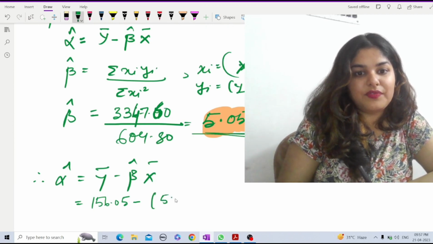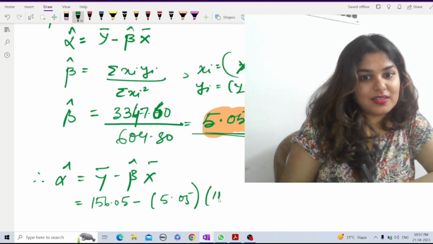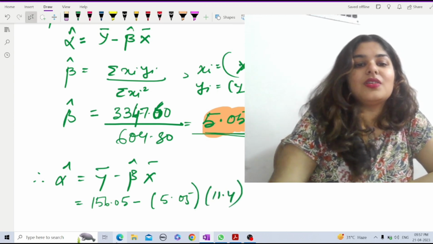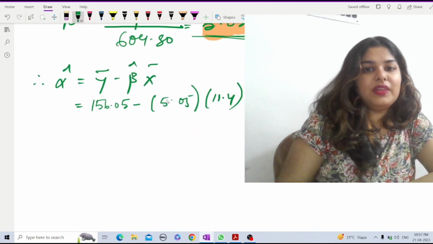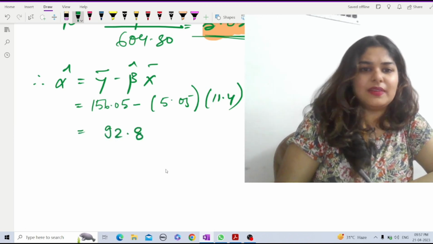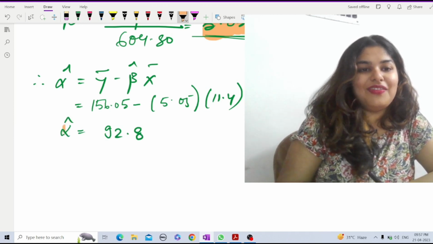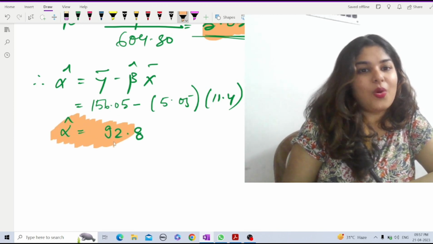Here we have got 5.05, and x bar was 11.4. If we calculate this, we get 92.8 approximately. So we have got the values of alpha hat and beta hat using the OLS method.